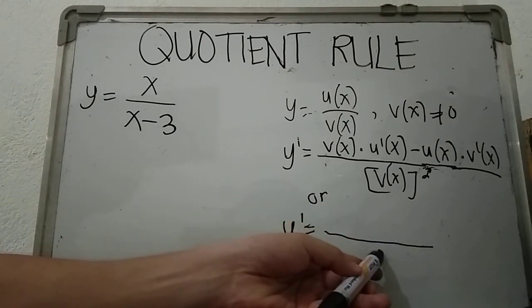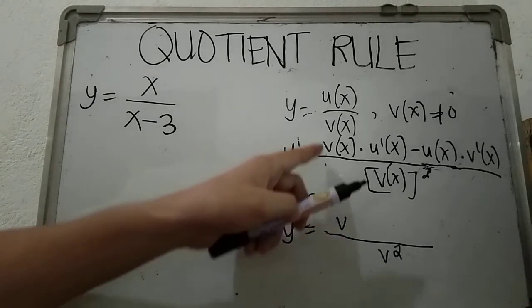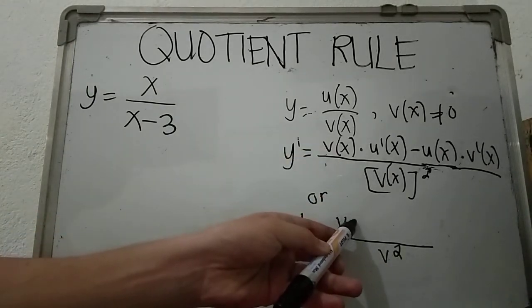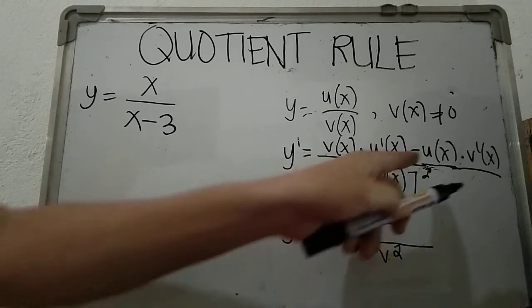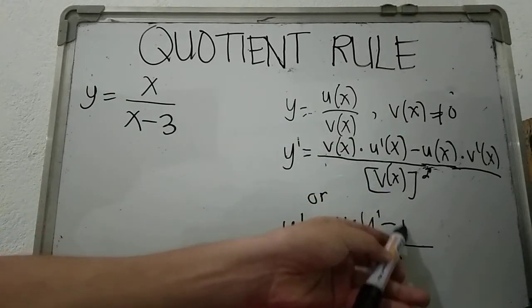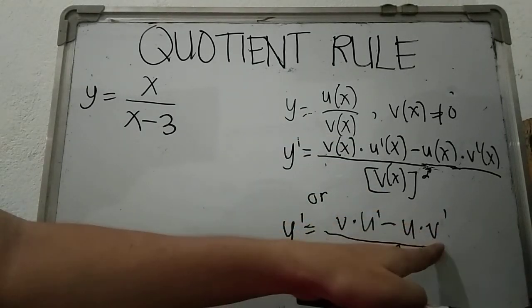So others would say v squared, copy the v, the denominator, multiply with the derivative of the numerator, which is u prime, minus copy your numerator, which is u, and then multiply with the derivative of the denominator, which is v prime.